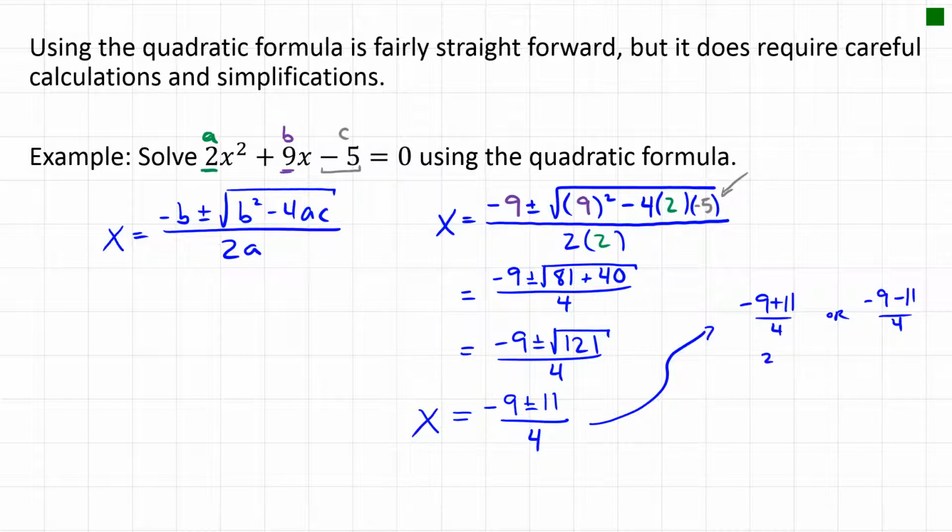Negative 9 plus 11 would be 2 over 4, which I could write as a half, or negative 9 minus 11 is negative 20 over 4, which is negative 5. So x is equal to a half, or x is equal to negative 5.